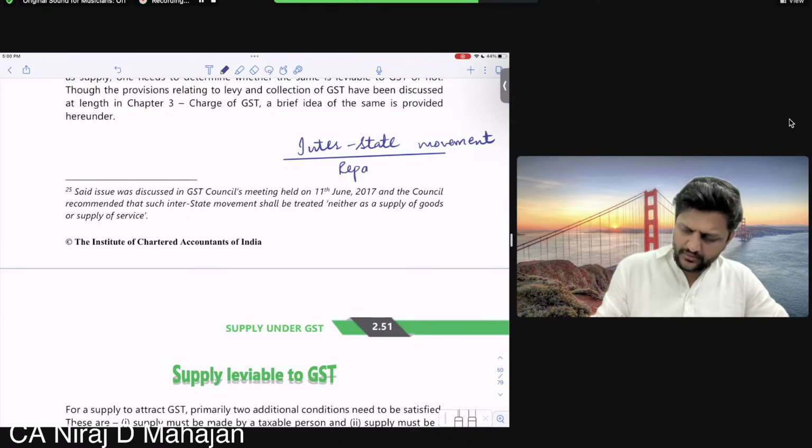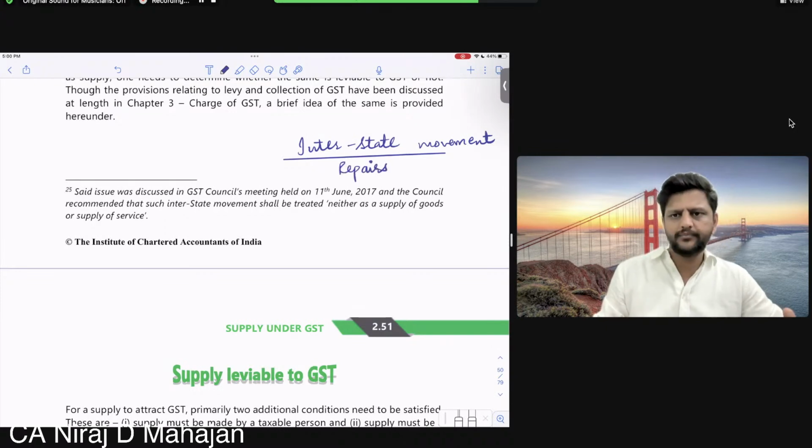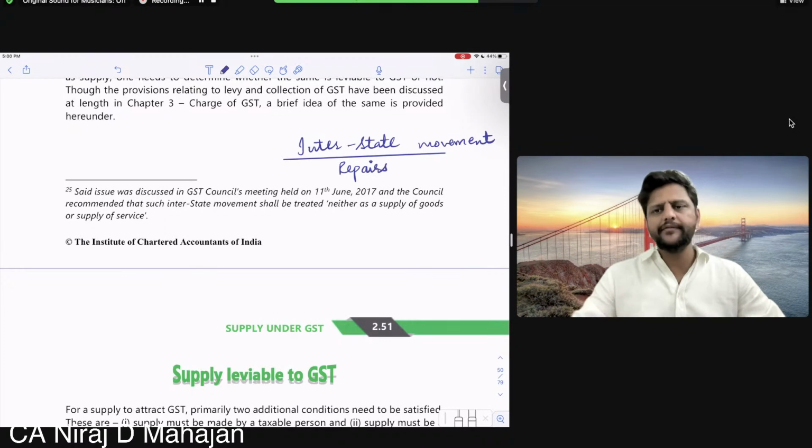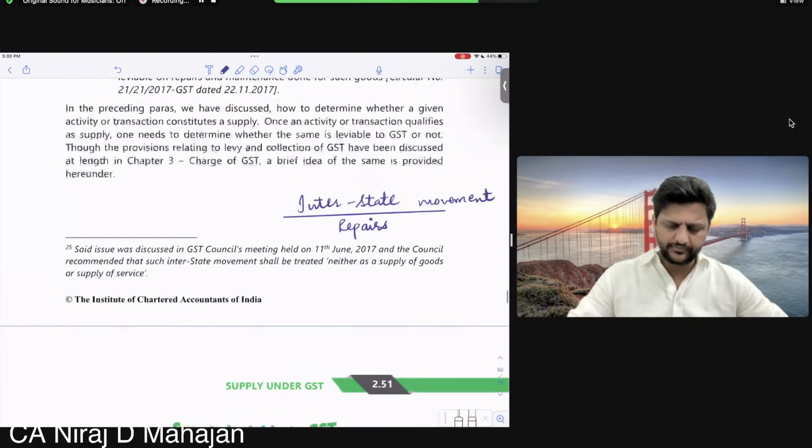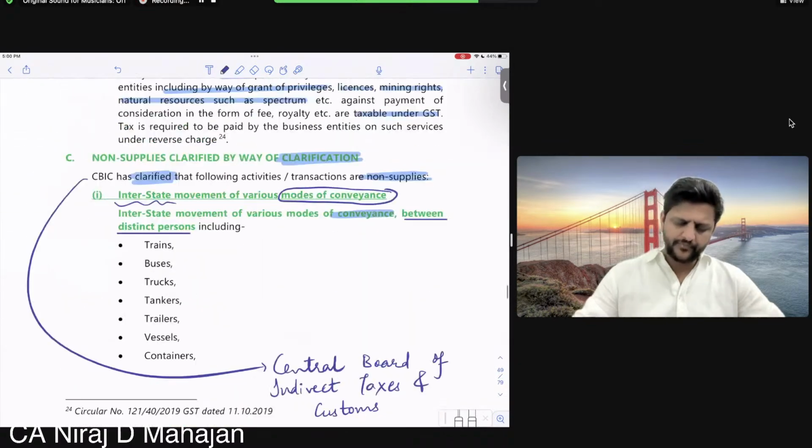Repairs. Yes or no, everybody? So when I move the vehicle, I am transporting it from one state to another for repair purposes. Whether GST will be applicable on that movement of the vehicle? No.